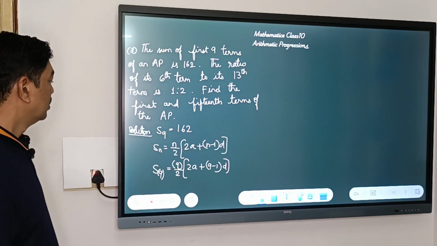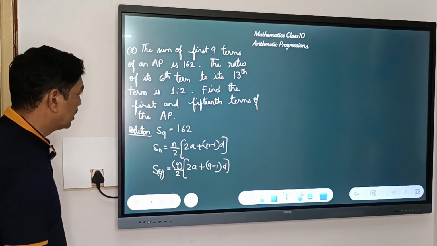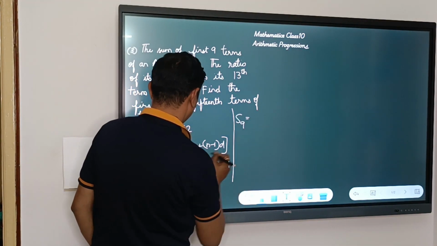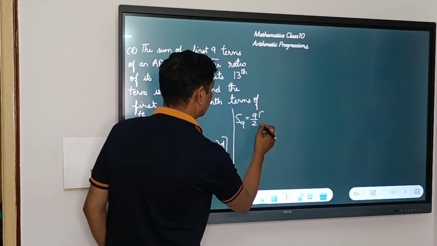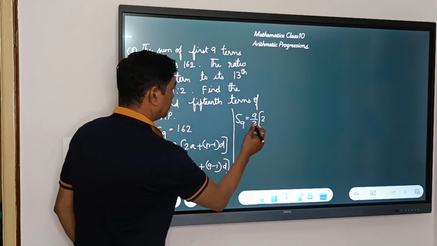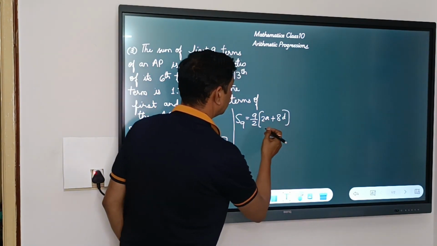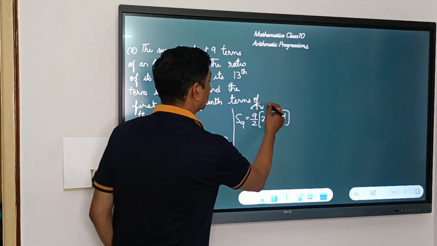So S9 is equal to 9 by 2 into 2a plus 9 minus 1, which is 8d. You multiply the 9 by 2 like this.